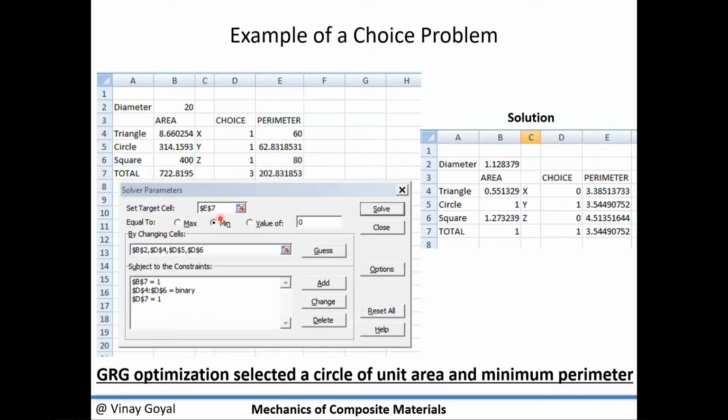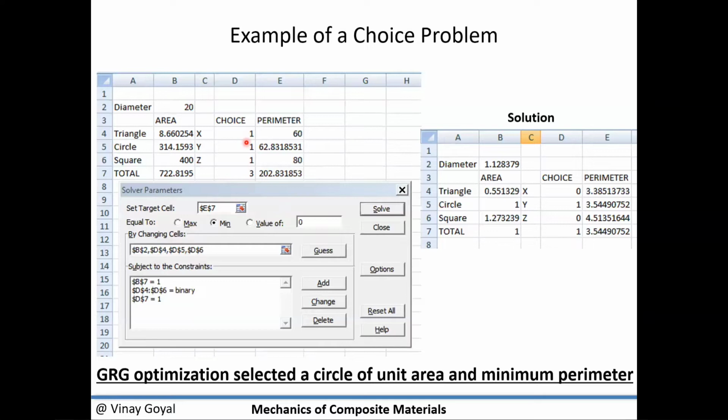But by changing which cells? I want to change B, the diameter or the characteristic length for that geometry that we discussed, D. And I want to choose D4, D5, and D6. I want to be able to make each either 0 or 1.